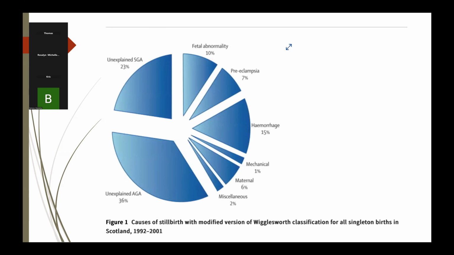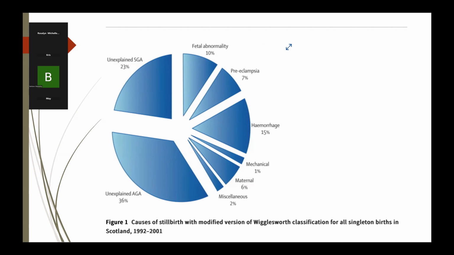If you look at the pie chart here, I usually like the pie chart because it is easy to interpret. It is true that most causes of stillbirth are unknown. So here, unexplained means that we can't find any cause. Then we also have small babies.